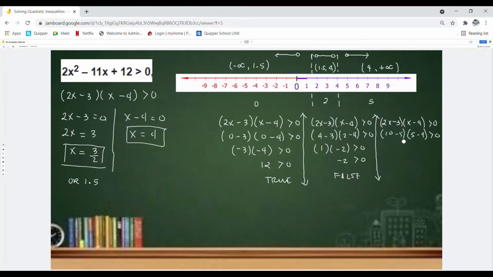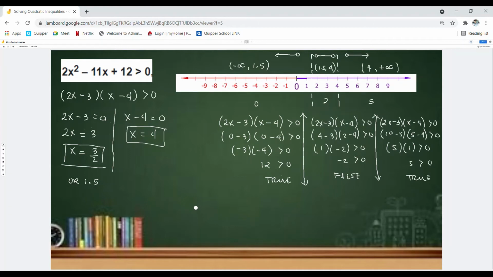So 10 minus 5 is 5, and 5 minus 4 is 1. So 5 times 1 is 5. Is 5 greater than 0? The answer is yes. So it's true. So, which sections are true to the inequality? Of course, the first and the third. So, how will you write your answer now?